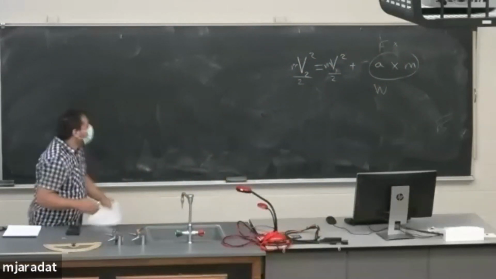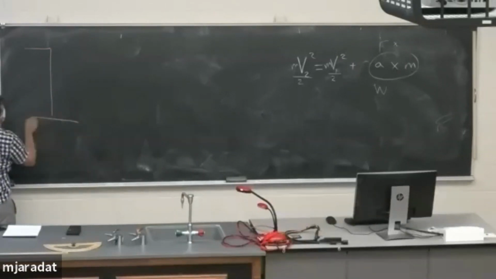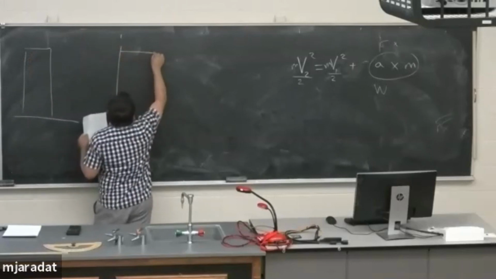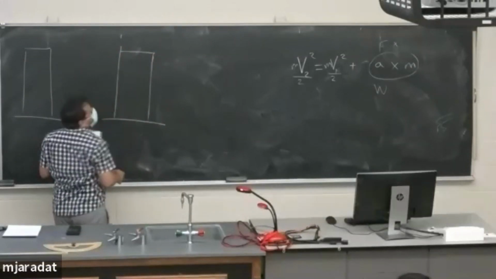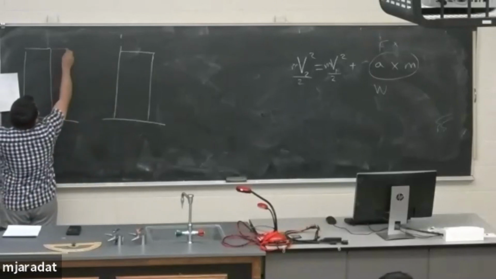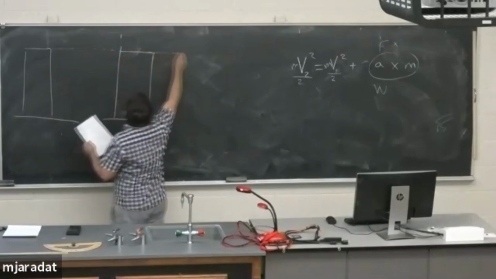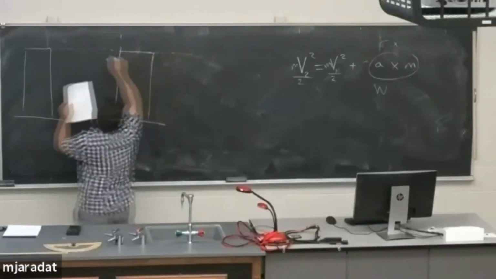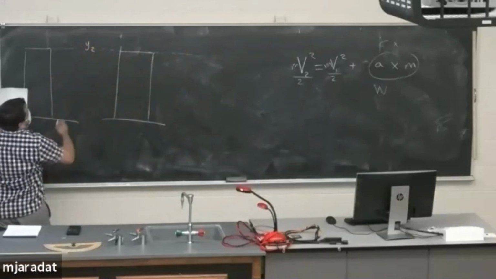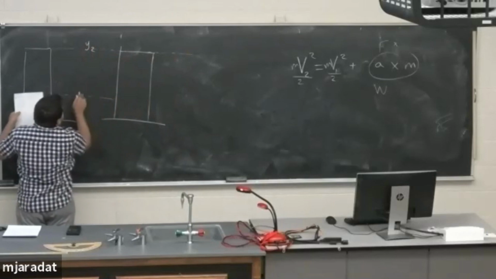Assume that we have these two experiments. This is the first one, and we know how to deal with them. If we have two altitudes, y2, this altitude, this building, and here is y1.